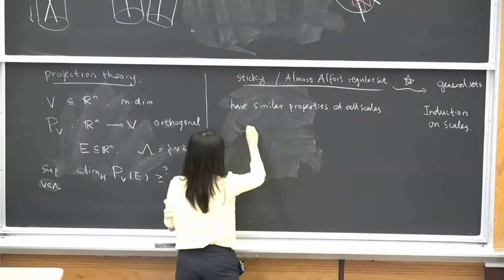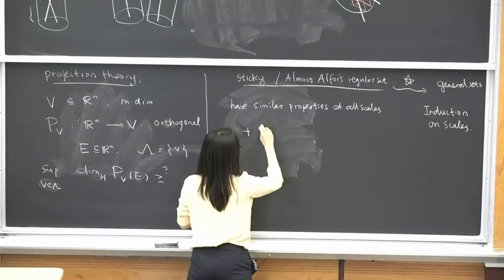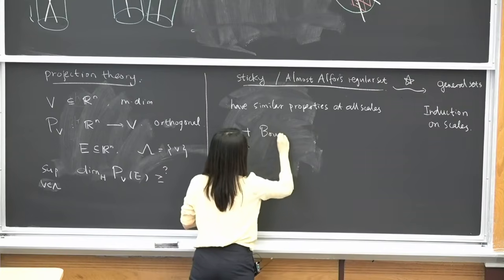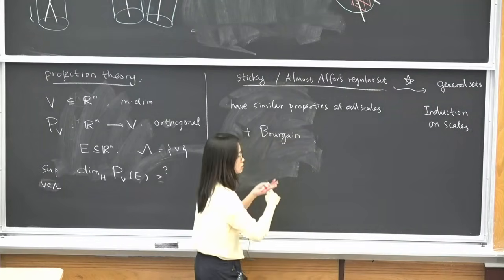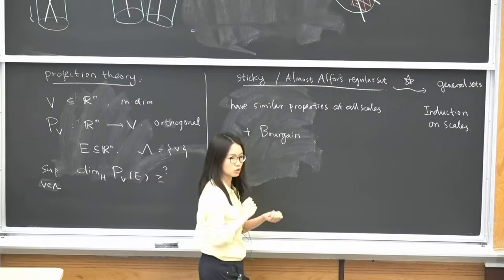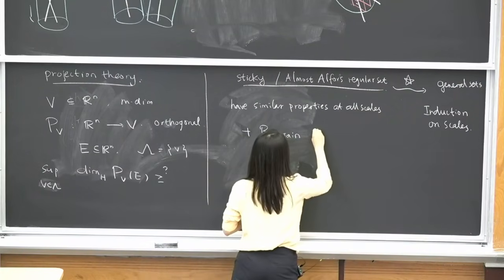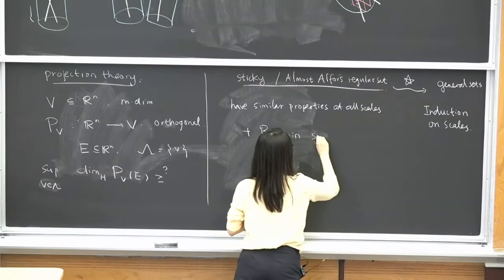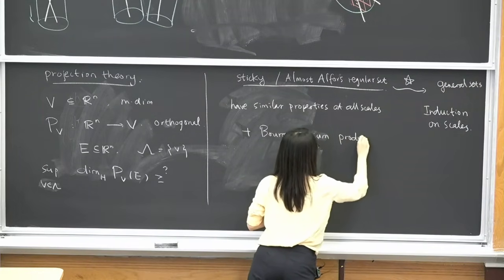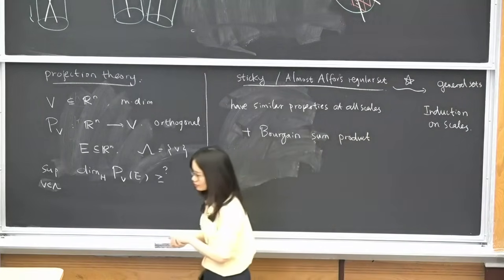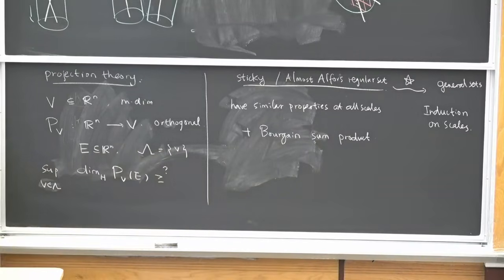Working within the sticky set class is useful because it's more rigid, so it's easier to draw some sort of contradiction and apply Bourgain's discretized sum product. Okay.